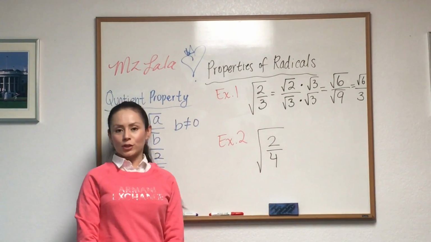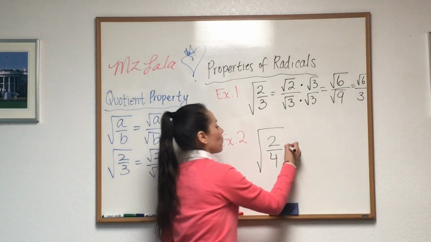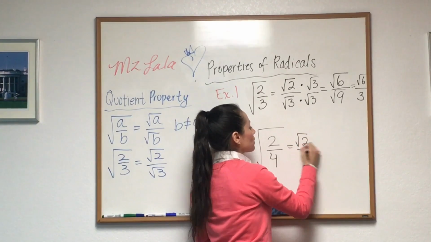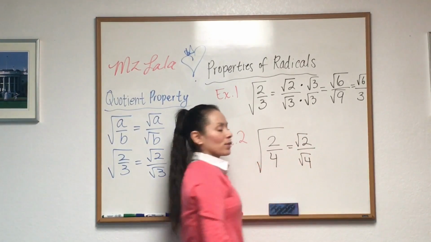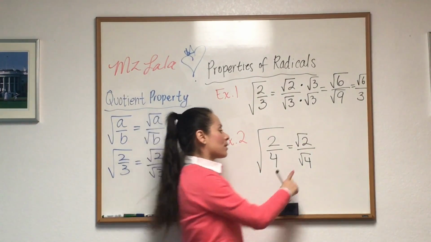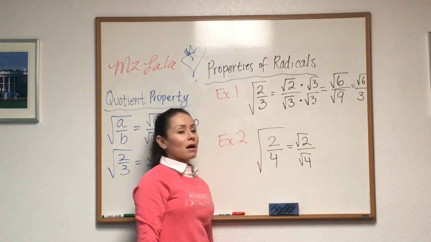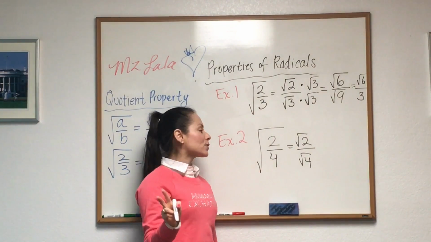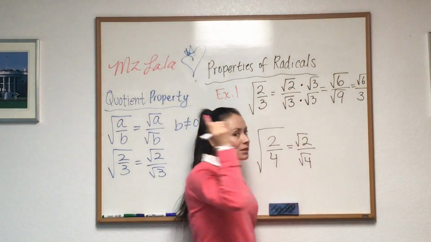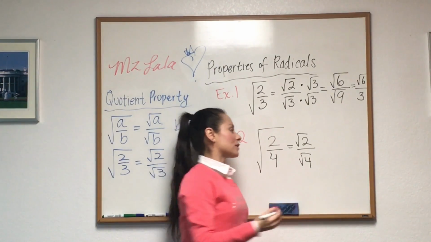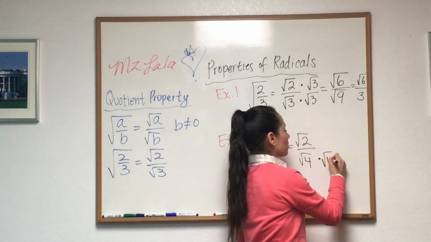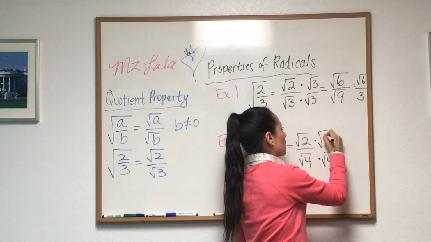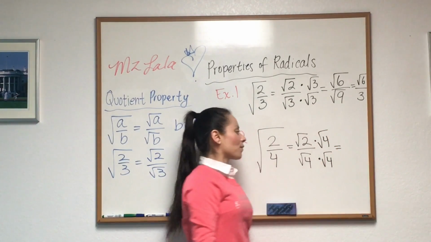Let's look at example number 2. We know that we can break this up into the square root of 2 over the square root of 4, right? And we know that we shouldn't have a radical in the bottom. So there are two ways we can actually do this. If you didn't see right away that this is a perfect square, then you would just have to multiply the square root by itself on the top and the bottom of the fraction.